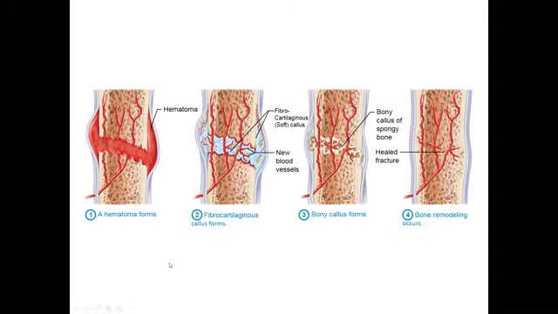This now is bone healing after a fracture, and this is quite an important one to know because we come across fractures a lot in the clinical areas. So starting off, we have a hematoma when we first have that fracture, because the bones, like we said, are highly vascularized, so that blood leaks into the tissue, and the blood clot itself kind of forms a first healing between those bone ends, those 2 bone fragments that are caused by the fracture.